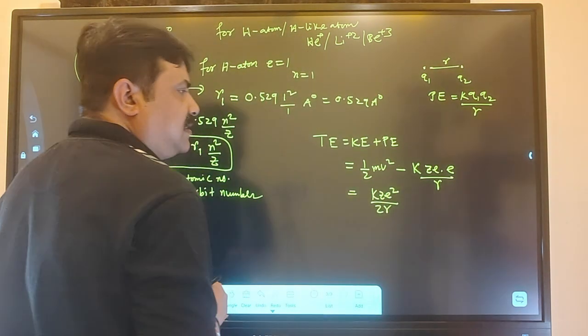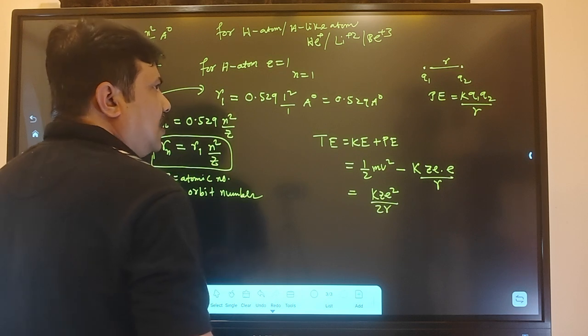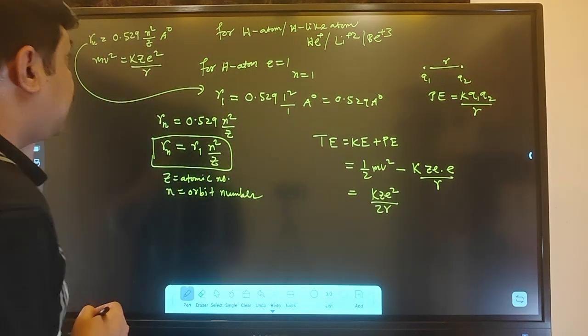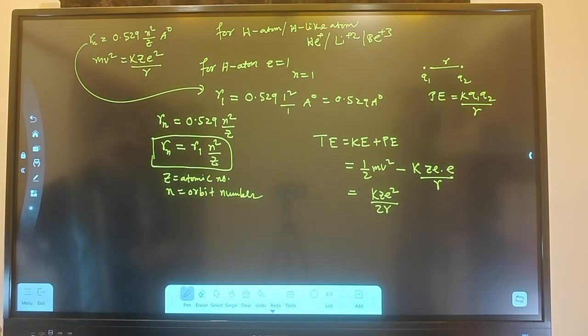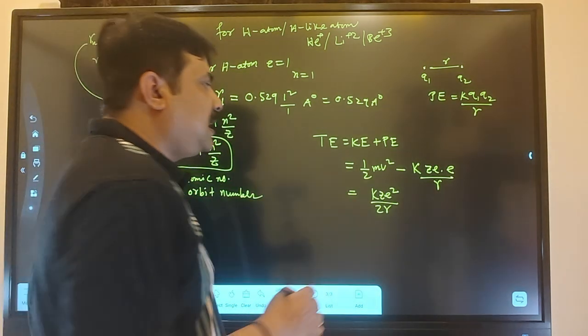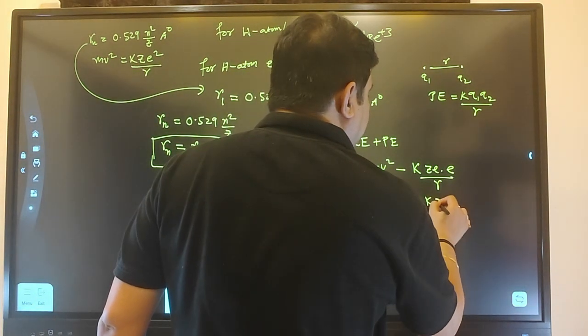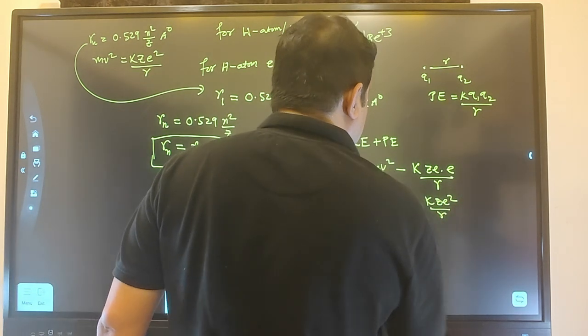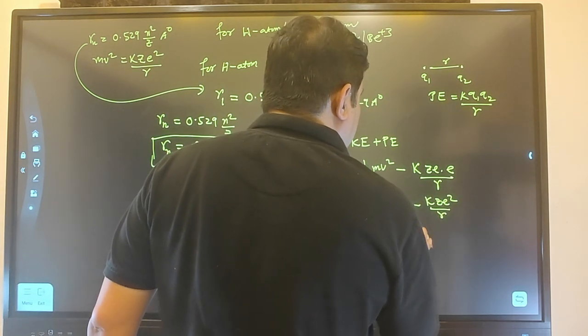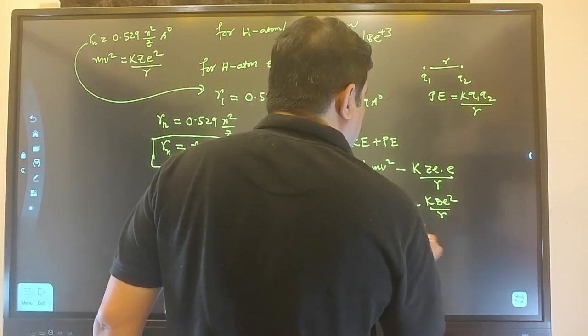I can put it like this, yes or no? Now, mv square equals kZe square by r, so here we are getting kZe square by 2r for kinetic energy, and here you have the potential energy, minus kZe square by r. That means ultimately you are getting minus of kZe square by 2r.